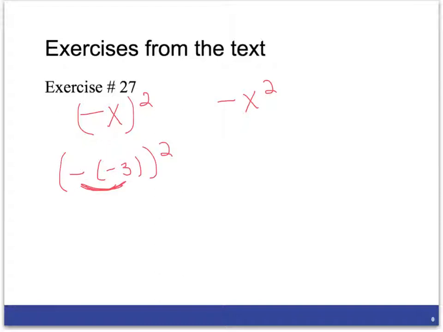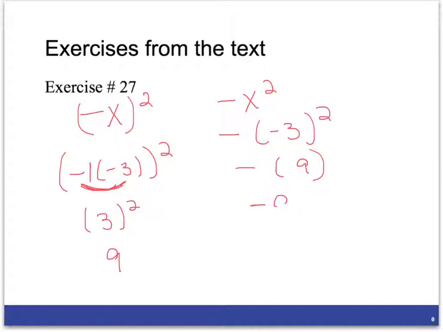That becomes positive because that's the same as saying -1. So now we're going to say 3 squared, and that gives us 9. And then we're going to plug in over here. So -3 squared is going to give us positive 9, but you have that negative hanging out on the outside. So that's going to give us a -9.